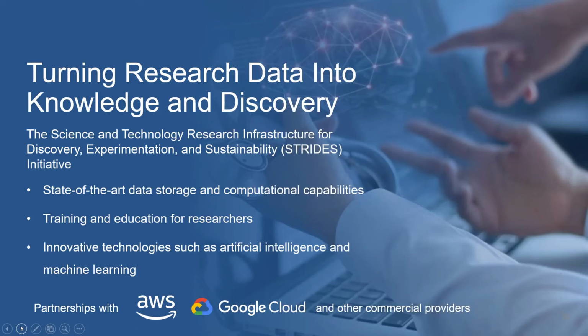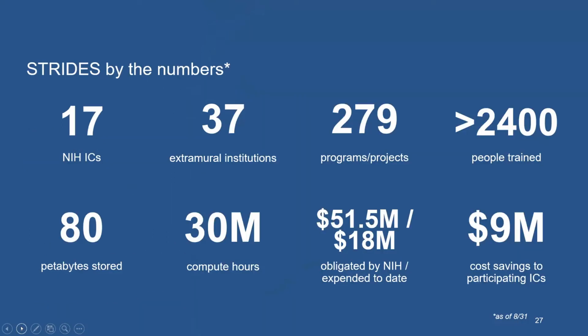Here's how you, as a researcher, can take advantage if you choose to go through STRIDES. Oh, first I have to tell you the results. As of this past August, we have 37 extramural institutes, like Johns Hopkins and Yale, partnered with us in STRIDES.